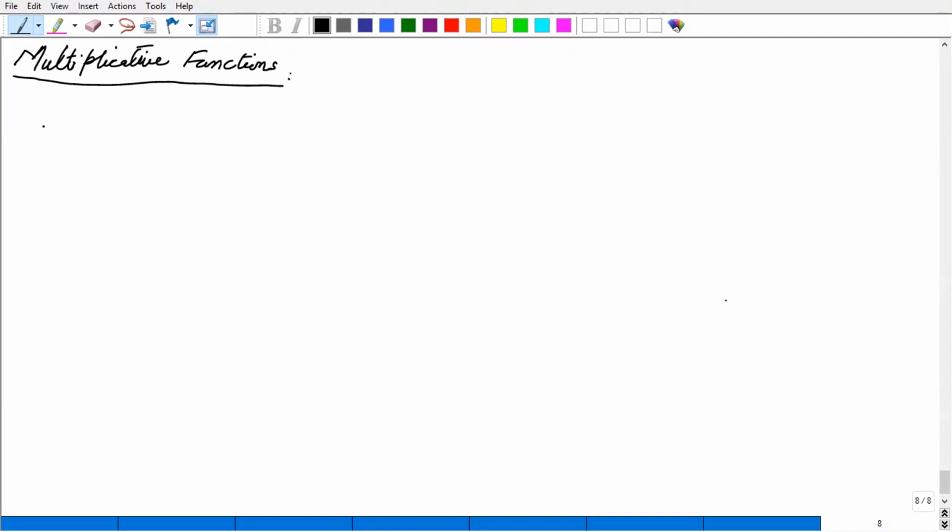Okay. So before going to the definition of multiplicative function, this is the definition of number theoretic function.